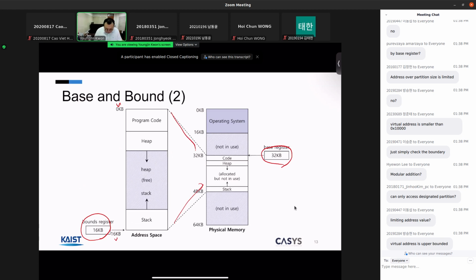So okay, in the first example, when the EBX register here is, let's say, 16 kilobytes, say a 14 kilobyte address is translated into somewhere here.